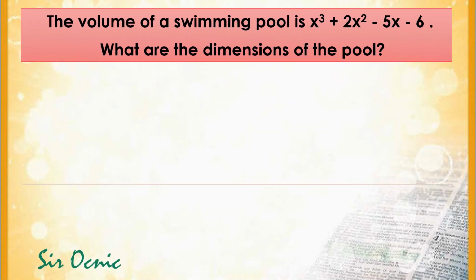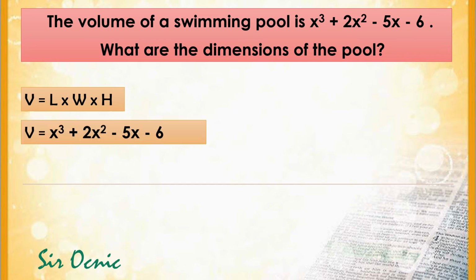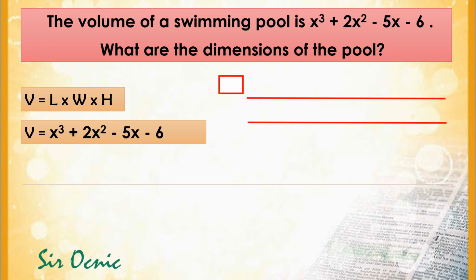In order for us to identify the dimensions of the pool, we should factor x cubed plus 2x squared minus 5x minus 6, since the volume is given by the formula length times width times height. The numerical coefficients of our dividend are 1, 2, -5, and -6.